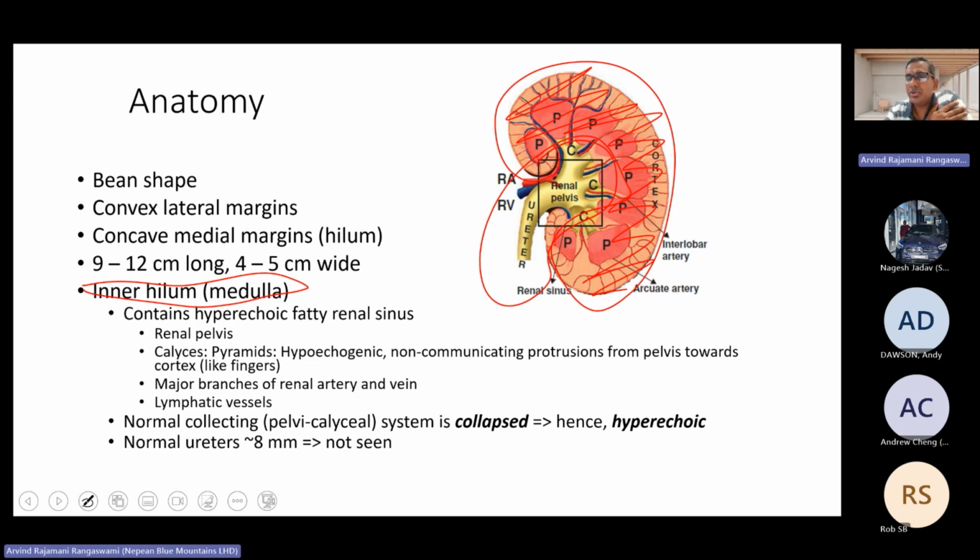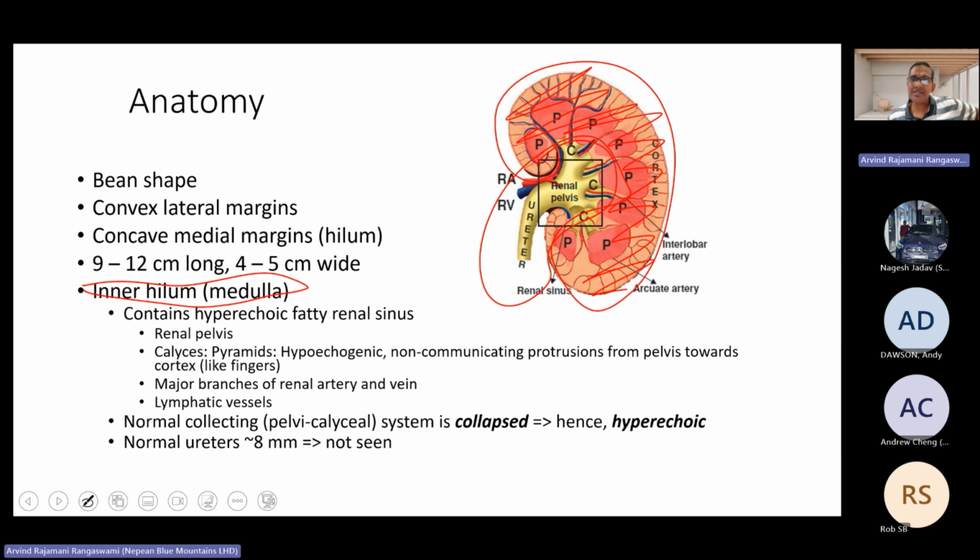From physiology, you'll know 95% of the blood supply to the kidney goes to the outer cortex, and only about 5-6% of the blood flow goes to the medulla. And the medulla itself, or the hilum, is the drainage, the plumbing of the kidney. It takes all the urine and puts it into the ureter.